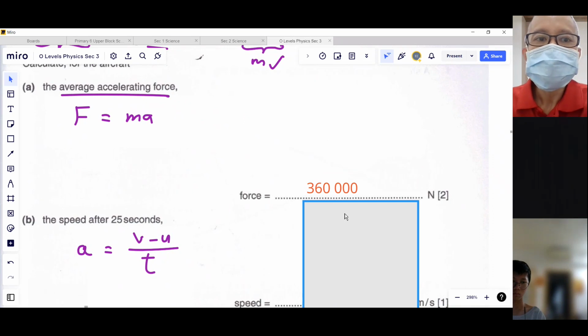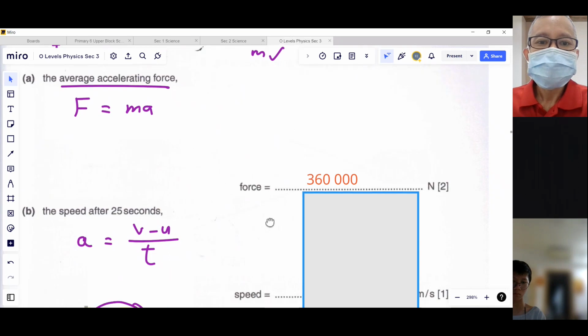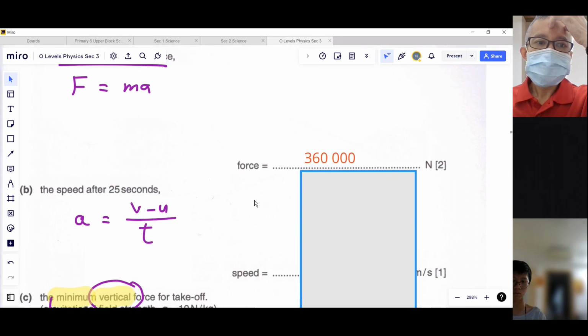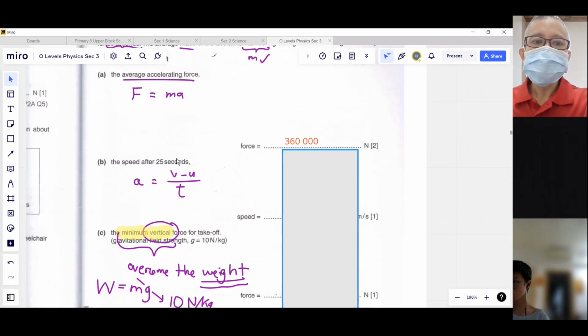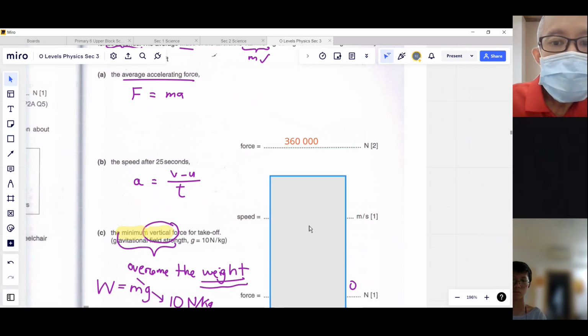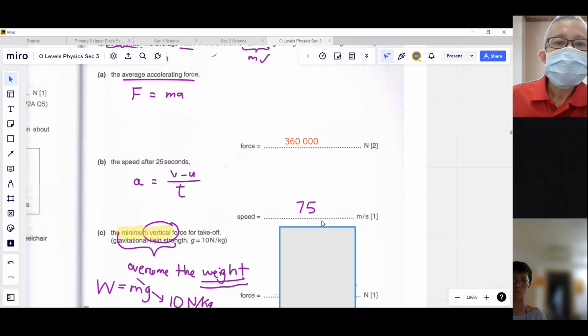Make sure you count the correct number of zeros. Correct, right? Okay, great. Of course, if you have any questions, please ask. Next one, speed after 25 seconds. Now, as I said, speed must be calculated using this kinematics formula.